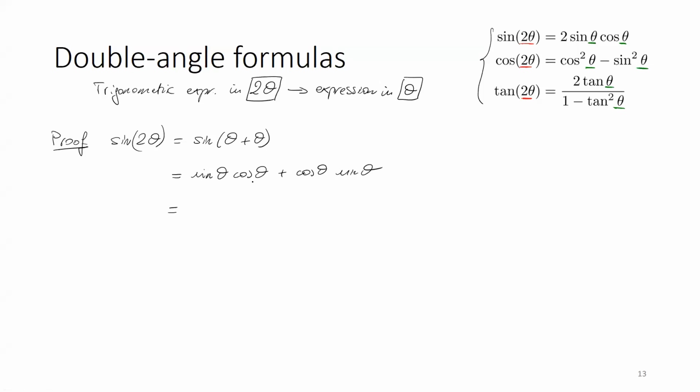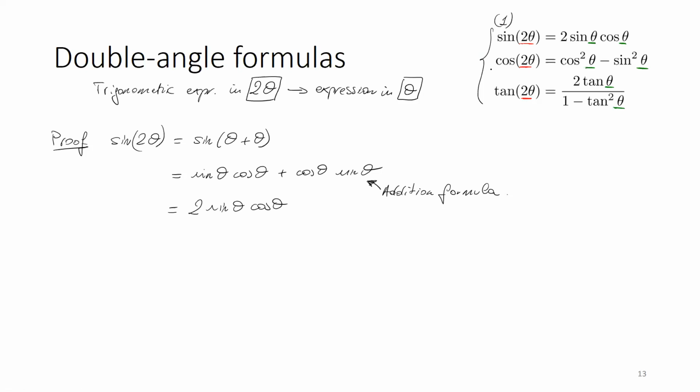And now I see I have 2 times the same thing, sine theta cosine theta. So that gives me 2 times sine theta cosine theta. So here I used the addition formula. That gives me the first formula here.